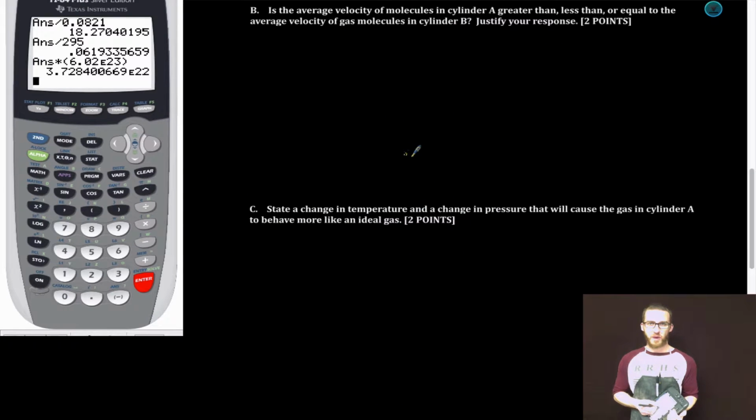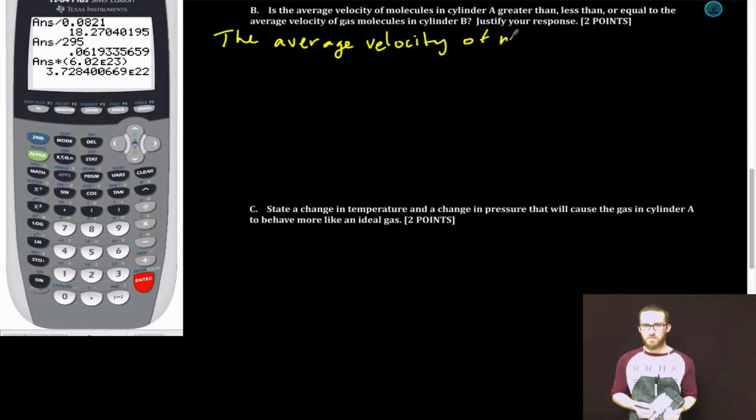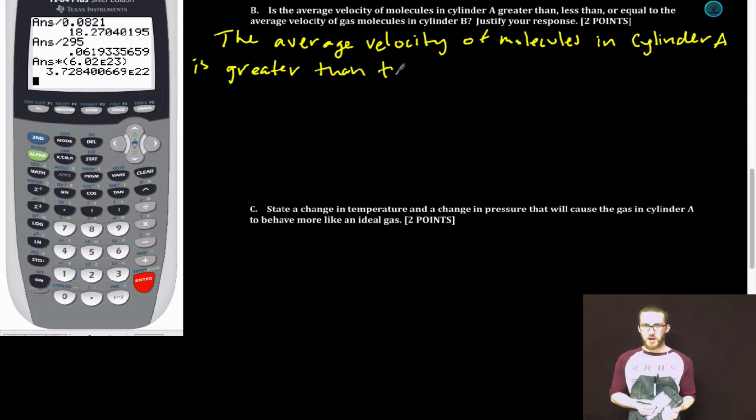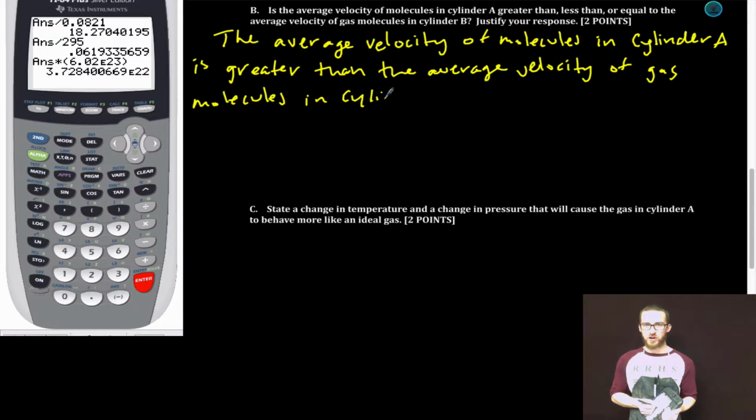So, to answer this question, the average velocity of molecules in cylinder A is greater than the average velocity of gas molecules in cylinder B. Let's justify.